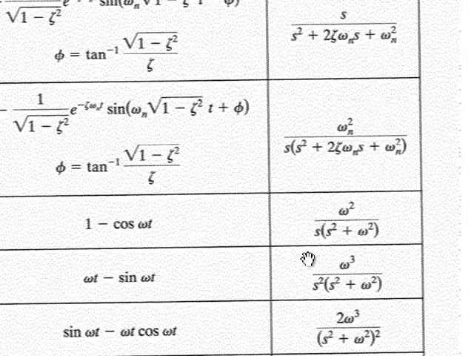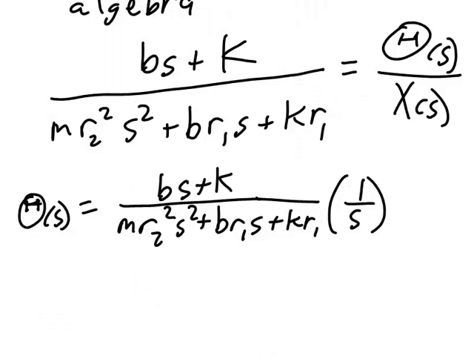The numerator here is a constant squared, and it's equal to this constant over here. Our numerator does not match the numerator in the table. We have an s term and a constant term. Furthermore, our constant term doesn't right now equal the constant in the denominator.